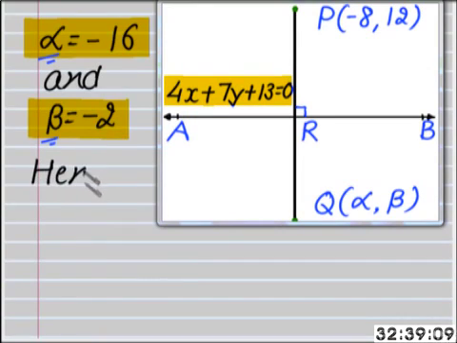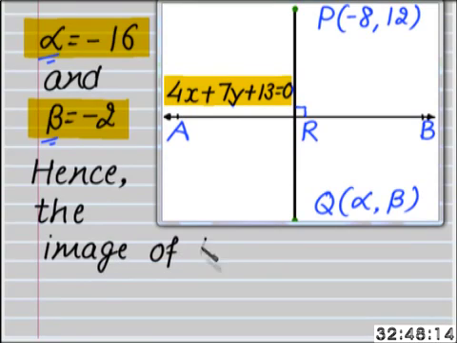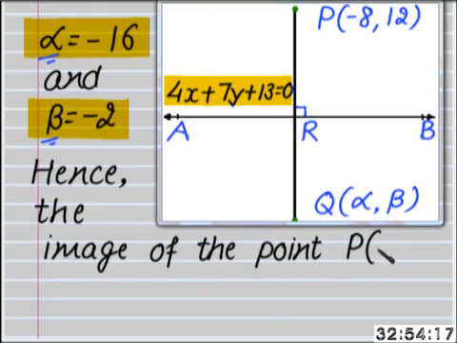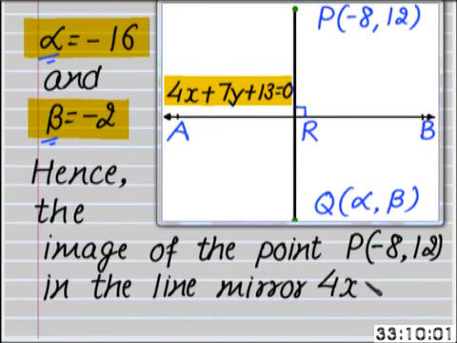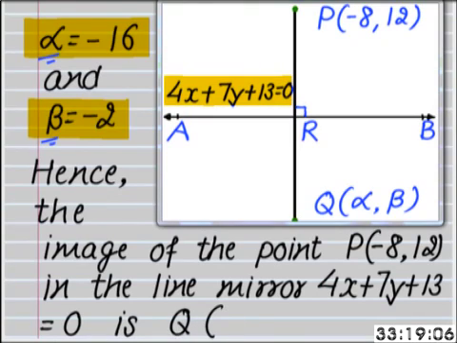Hence, we can say that the image of the point P with coordinates minus 8 and 12 in the line mirror (4x plus 7y plus 13 equal to 0) is the point Q with coordinates minus 16 and minus 2.